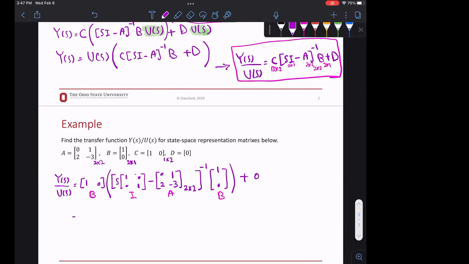Now, performing that, I can multiply. So this is S, 0, 0, S, minus 0, 1, 2, negative 3. I have to find the inverse of this, and then multiply by 0 and 1.